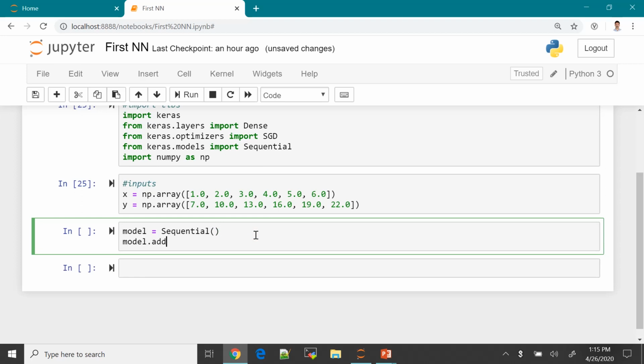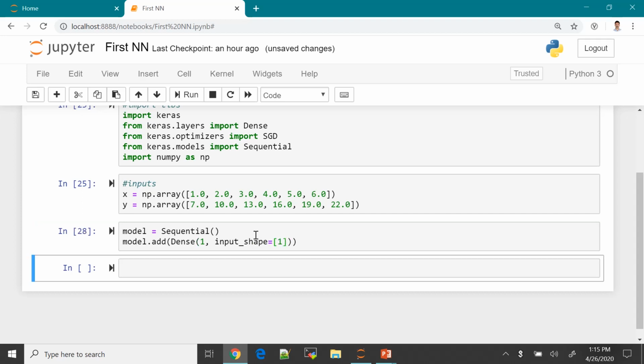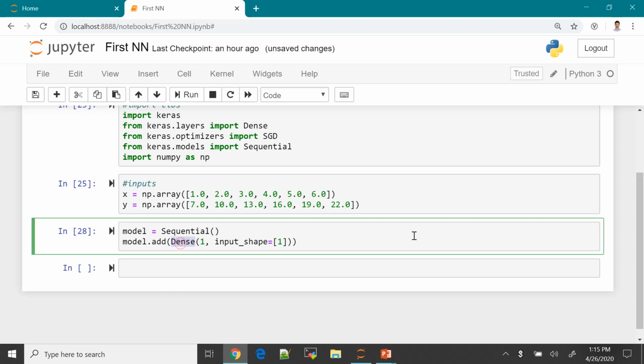And I'm adding some more parameters. Shape is equal to 1. So in Keras, the word Dense defines a layer of connected neurons. So here you see only one, that's what I mentioned.